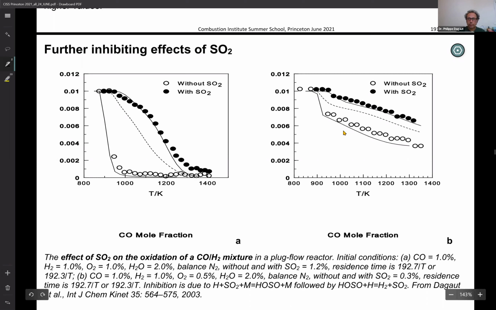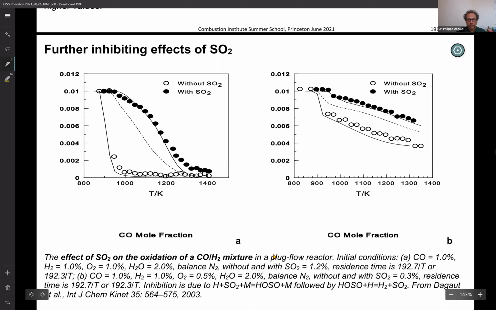And we have the same behavior here under different conditions where we introduce only 0.3% of SO2, but there is a clear shift in reactivity.